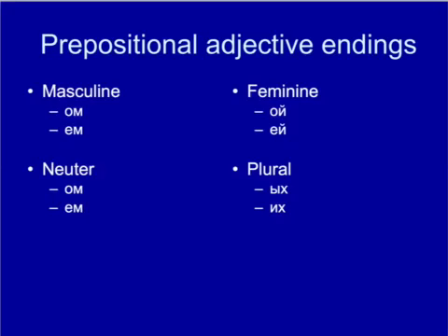Here you've got the prepositional adjective endings. So note that the masculine and the neuter ones are exactly the same. The feminine are -oy and -ey, as they are for loads of the oblique endings, and the plural for all of them, for masculine, neuter and feminine, is -ykh and -ikh.